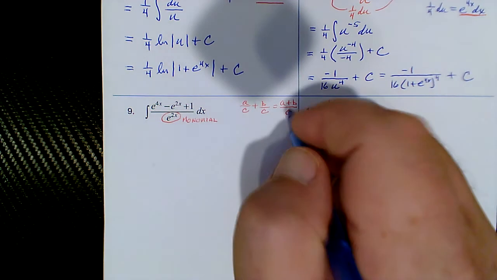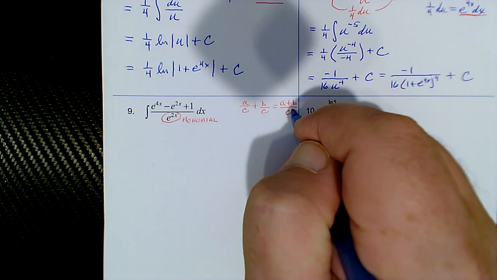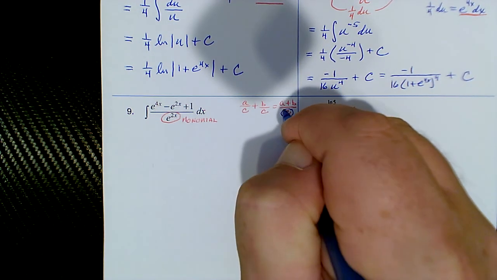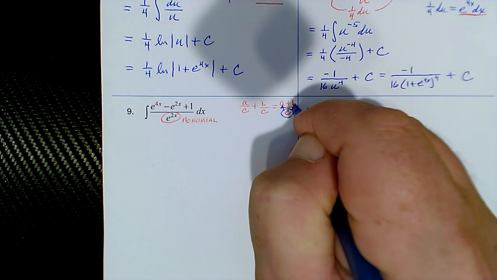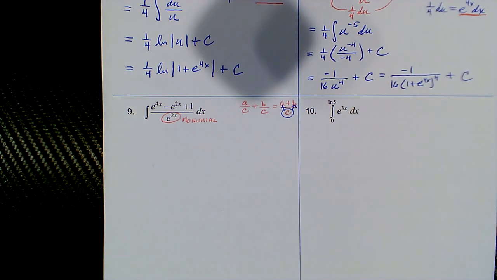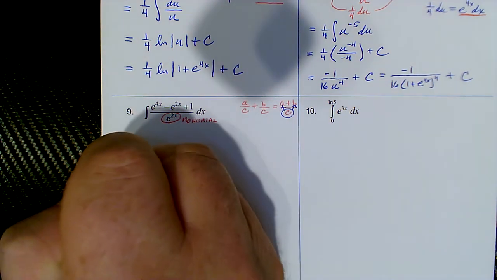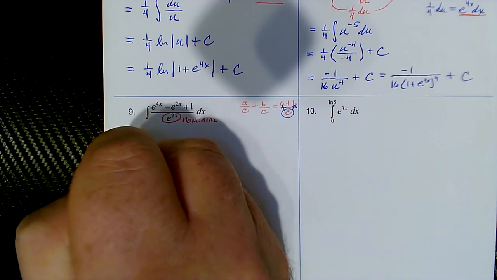So this concept can be reversed when we have a monomial denominator by dividing it into each term of the numerator. And this could be extended to more than 2 terms. So that's the plan. We're going to divide everything by e to the 2x.